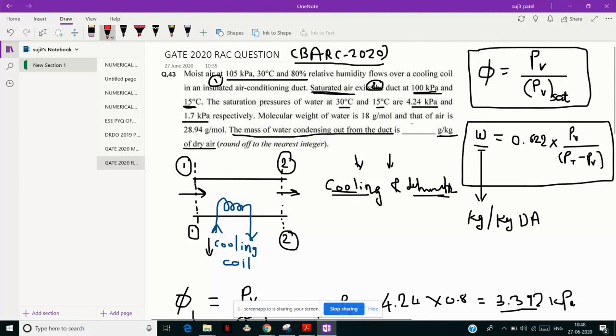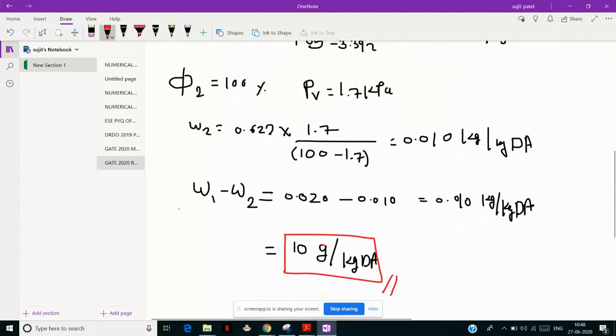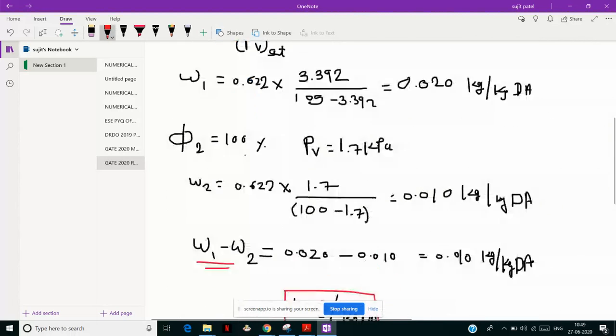So our answer is 10. I hope you understand how much water is condensed. Whatever air is entering passes through the cooling coil, and after being cooled and dehumidified, it comes out from section 2. The humidity loss is given by the difference in specific humidity. This is the important concept of this whole question. Okay, I hope you understand.